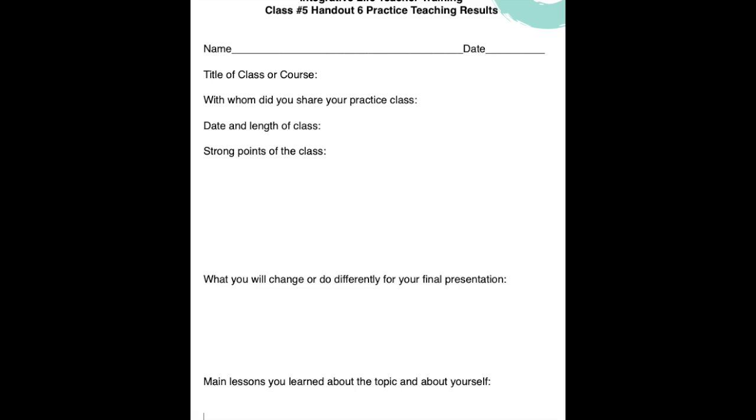Your final step will be to do a practice run-through of your class with a mentor, fellow student, or someone in your life whom you trust to be supportive in your trial presentation process in the time before next class. When you have completed this, use handout 6, Practice Teaching Results, to summarize what you've learned in the process.